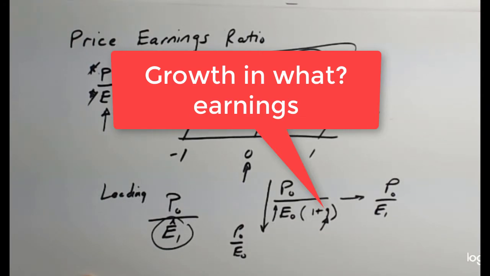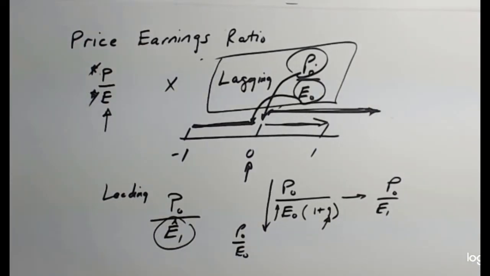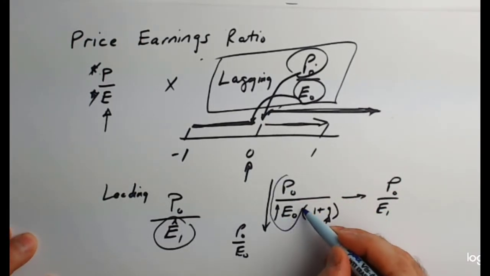Let me give you an example. According to the Wall Street Journal, the lagging PE on the S&P 500 is 20, and its leading PE is 17. What is the implied growth rate in earnings per share for the S&P over the next year? Okay, well, we can just plug the numbers in. It's saying lagging PE is 20, so this number right here is going to be 20.